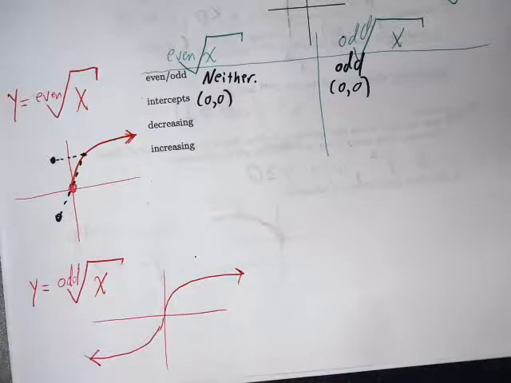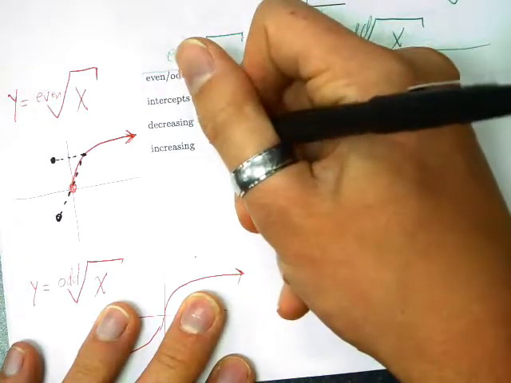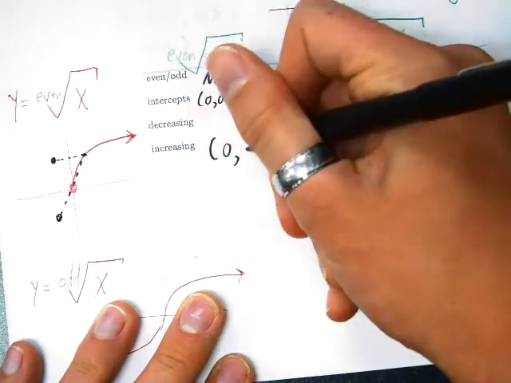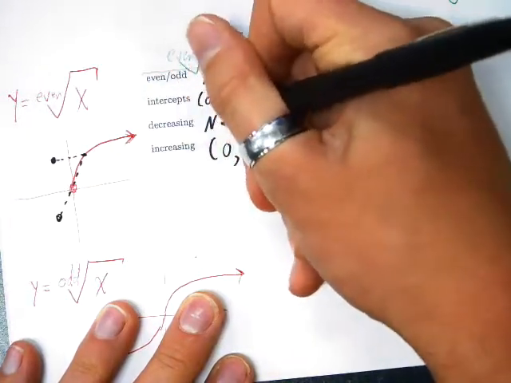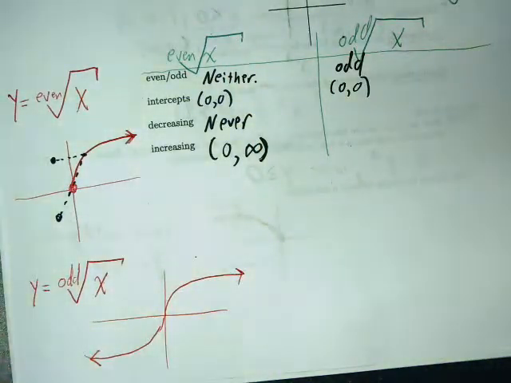From 0 to infinity. Right, because it's not even defined when x is less than 0. Increasing from 0 to infinity, decreasing never. Thank you for asking the question that I asked instead of the one that was written.